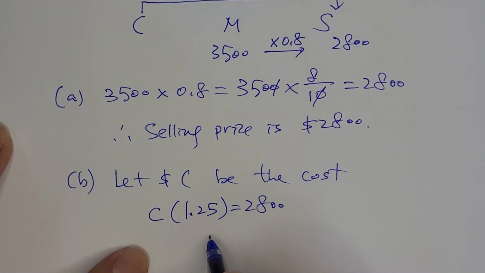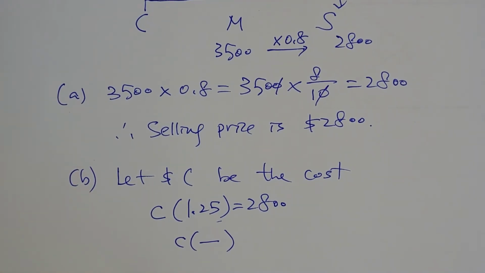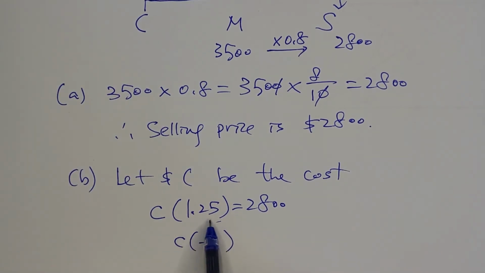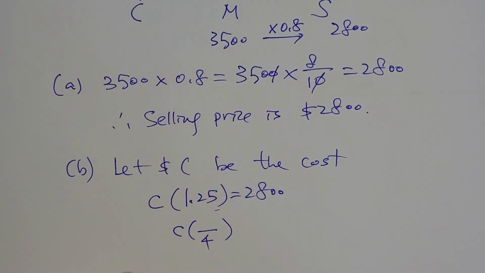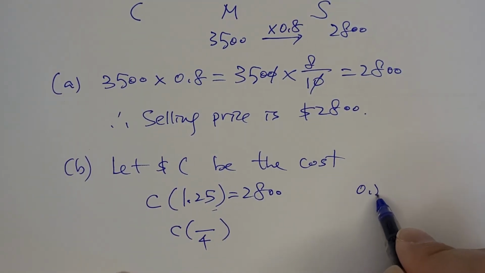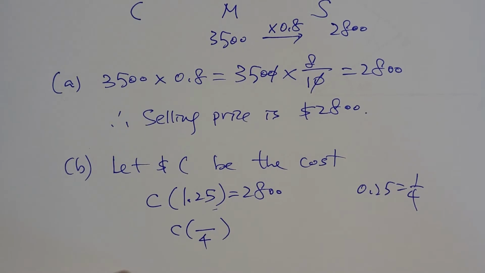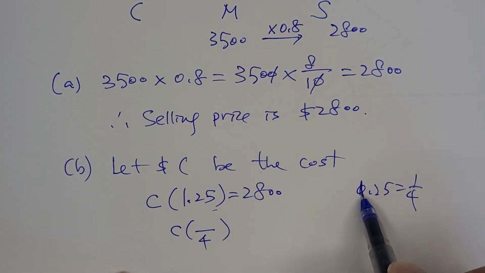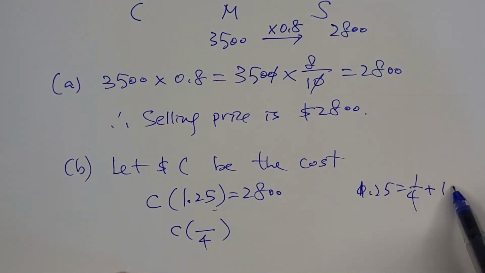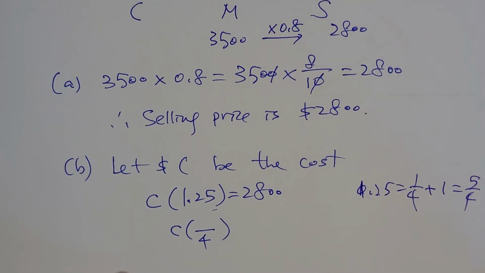Alright, but the problem is how to find C. You can change it in this way. If you change it into a fraction, it will be easier to tackle. When the number ends with the decimal 0.25, that means it can be changed to something over 4. As you know, 0.25 is 1 over 4. So 1.25 is 1 over 4 plus 1, that is 5 over 4 actually.